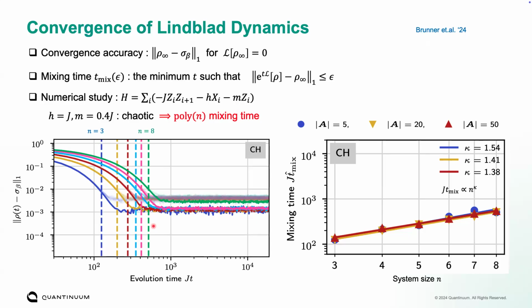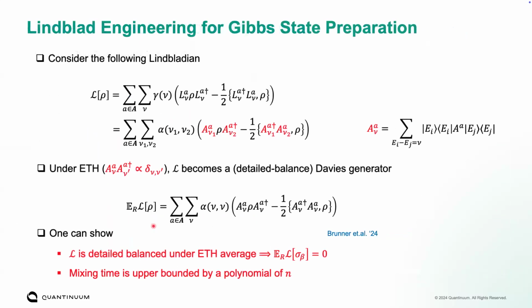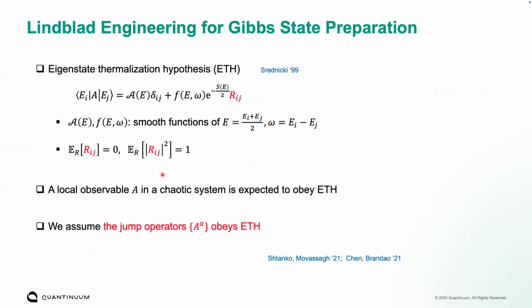Sorry, I missed how you do the average. Okay, in numerics we didn't do any averaging. In the analytical calculation, as we see here, we impose this kind of condition using the fact that this random matrix shows up in ETH, by using this property explicitly.